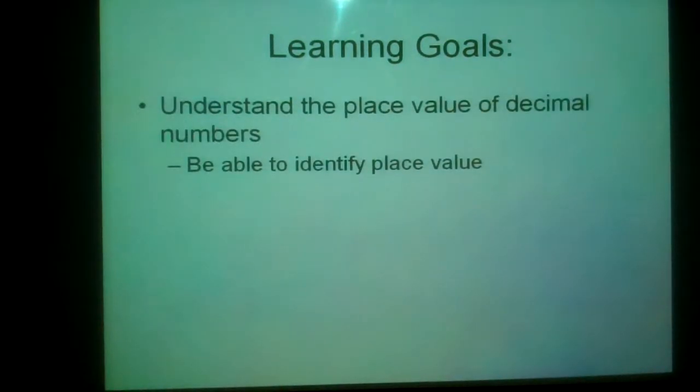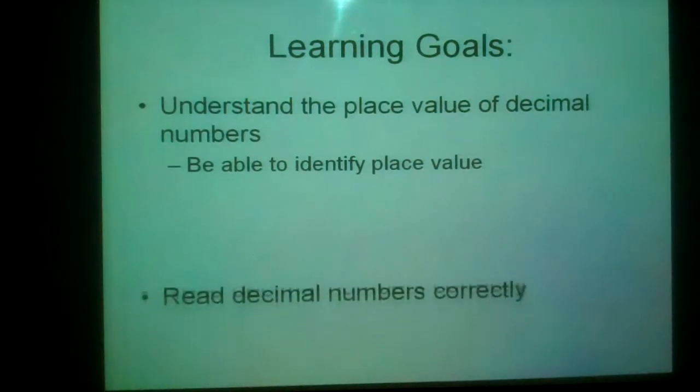We want to understand the place value of decimal numbers. Basically, written a different way, we want to be able to identify place value. So now we're not sticking to the left side of the decimal place with our ones, tens, hundreds, thousands, up to millions and billions and all that. We're going to go to the right side of the decimal where we run into some other types of decimal numbers and place values.